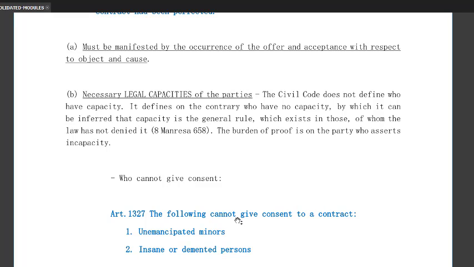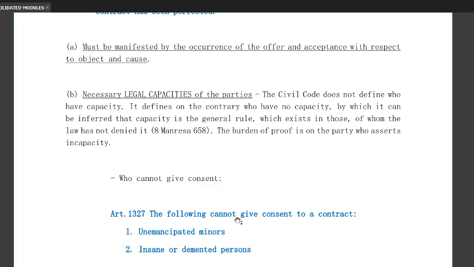Or demented persons. The only issue is with deaf mutes who do not know how to write. They are the only ones incapacitated, because if they know how to read but do not know how to write, we can say they have the capability of understanding, therefore they have the capacity to enter into a contract.